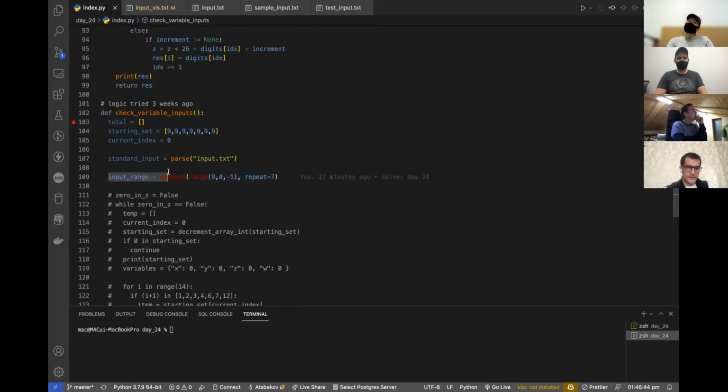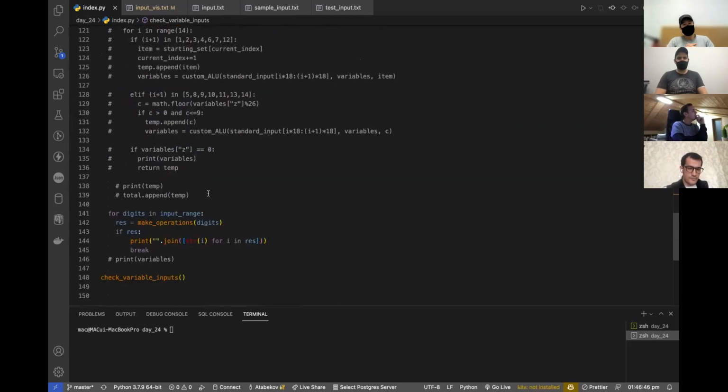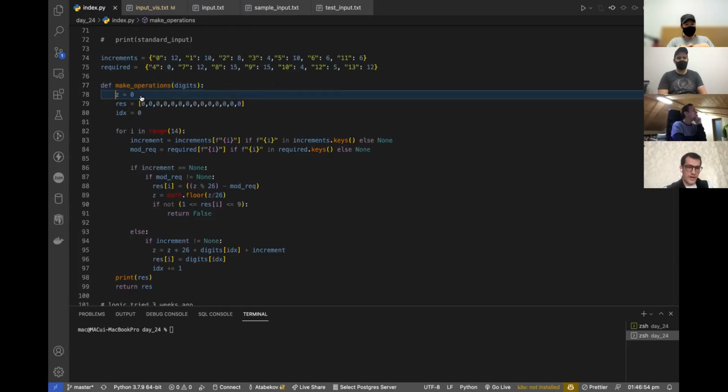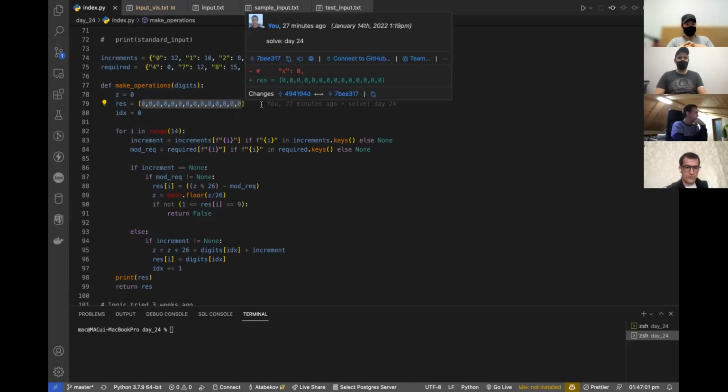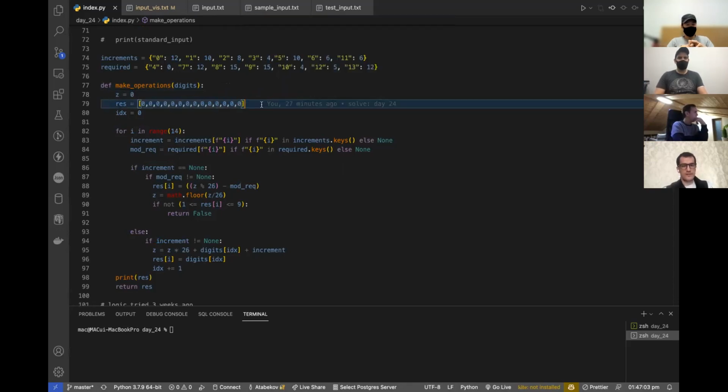After I get this range, I'm calling my make operation function for each of the digits. In my make operations function, I have my z set to 0, and I have my response, which will be the output integer of 14 digits. And I have my current index.